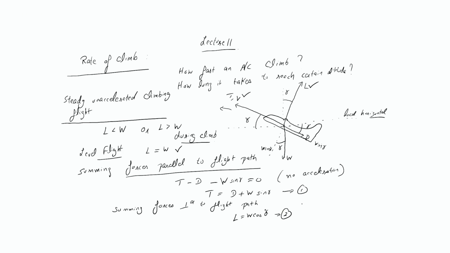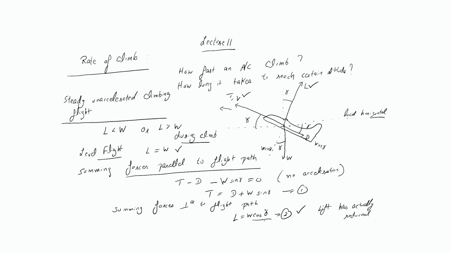Now if you focus on this equation carefully, L equals W cos gamma, your lift has actually reduced. Gamma may be 5 degrees, 10 degrees, or 15 degrees.